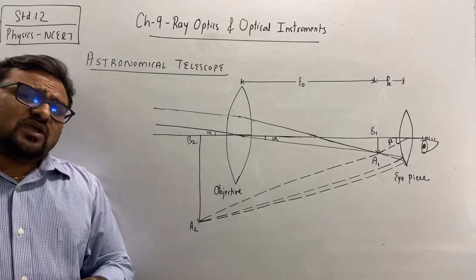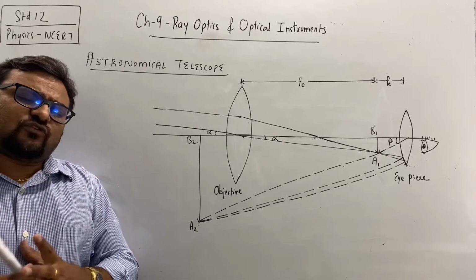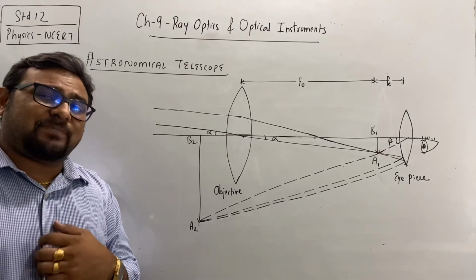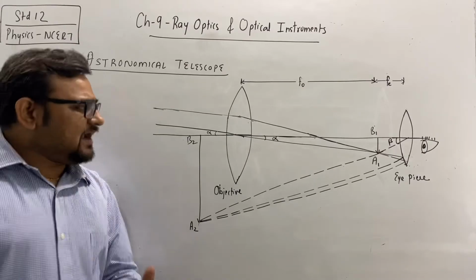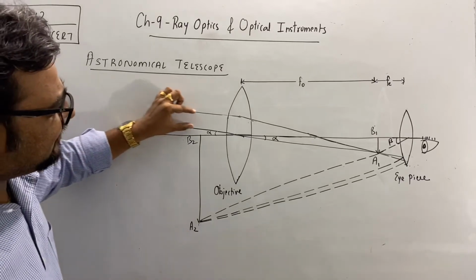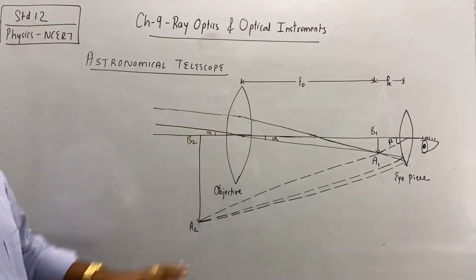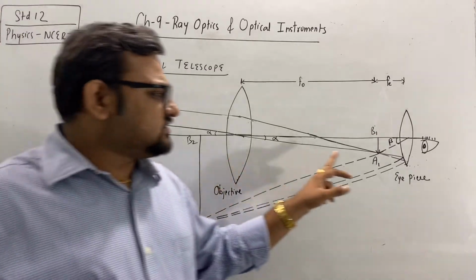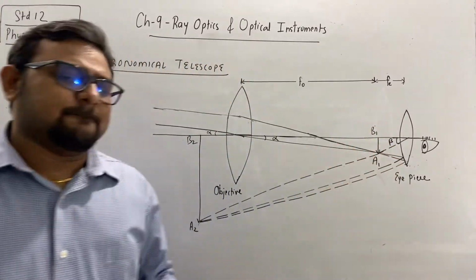Now, when rays come from far away, they will be like parallel rays, right? You can see here these parallel rays are coming. After the first refraction through the objective lens, its image is formed here, A dash B dash.